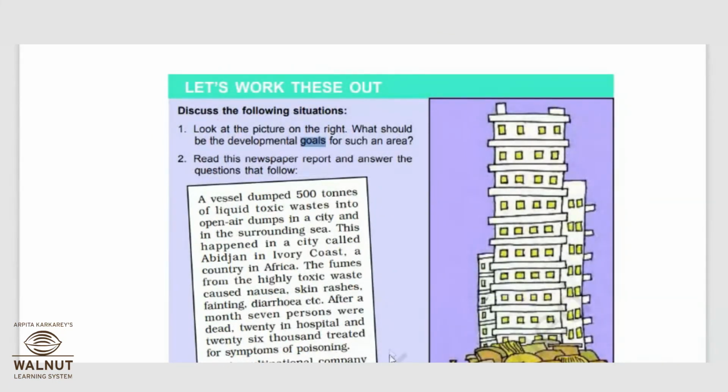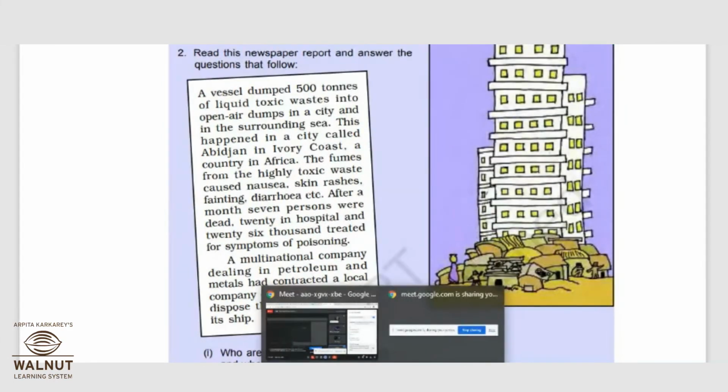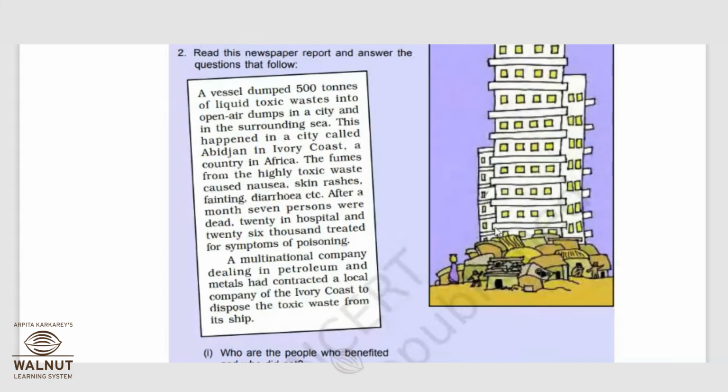This is a totally different picture. It has nothing to do with this. So here the developmental goal should be to pay more attention either to the planning of the city, or, as you're saying, giving more importance to the overall development of this discriminated class so that they come up in life. Right? Yes, ma'am.